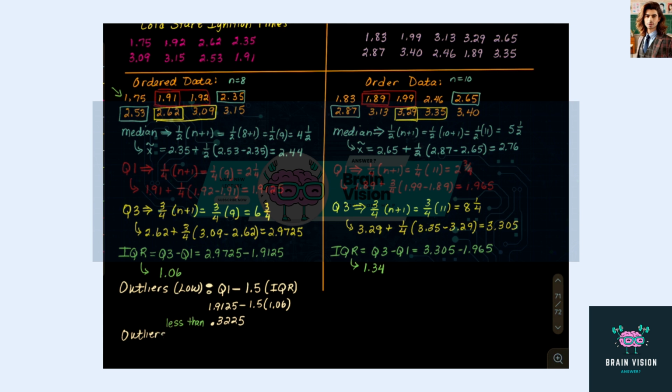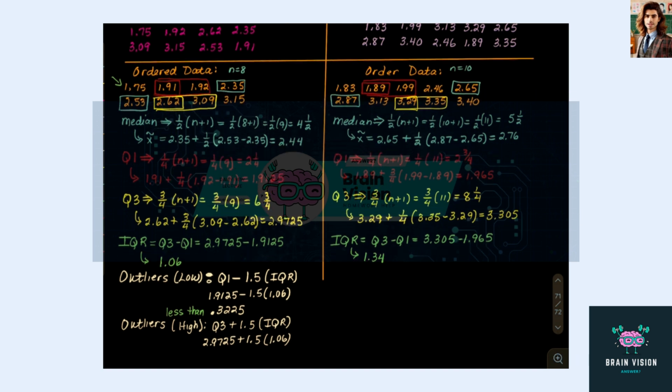We want to look for outliers on the high end, or the upper end. And to do that, we'll do Q3 plus 1.5 times that IQR. So Q3 was 2.9725 plus 1.5 times the 1.06, and you will get a value of 4.5625.